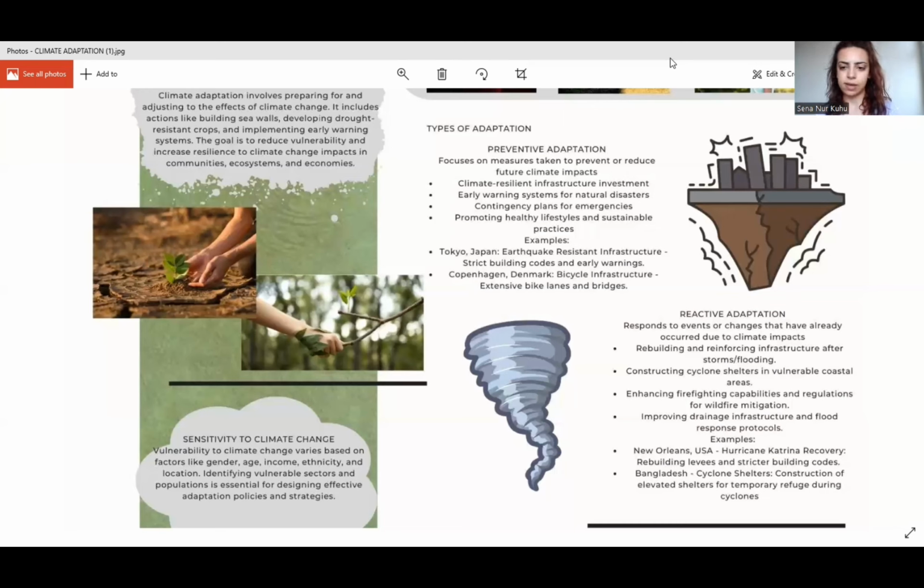And some examples: New Orleans, USA, Hurricane Katrina recovery, rebuilding levees and structure building codes, and Bangladesh cyclone shelters, construction of elevated shelters for temporary refuge during cyclones.